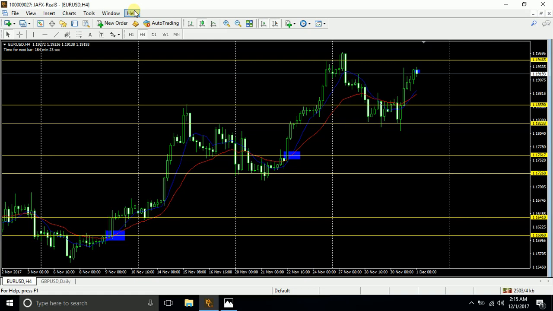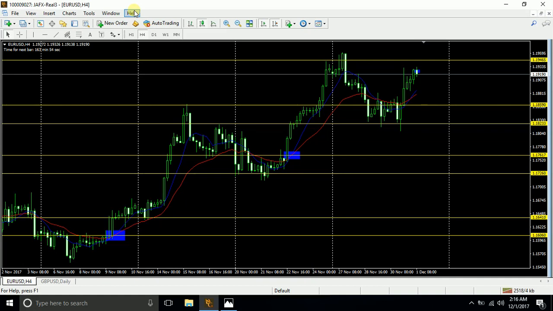The 4-hour candles close at 1 a.m., 5 a.m., 9 a.m., 1 p.m., 5 p.m., and 9 p.m. 6 per day. Okay, that's 1 a.m., 5 a.m., 9 a.m. Eastern, 1 p.m., 5 p.m., 9 p.m. Eastern.